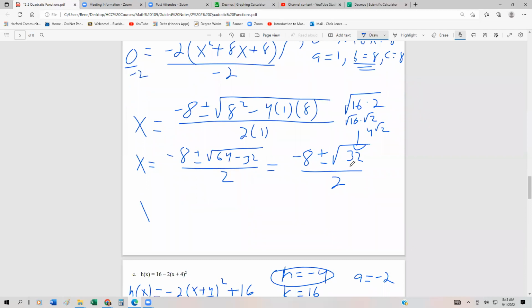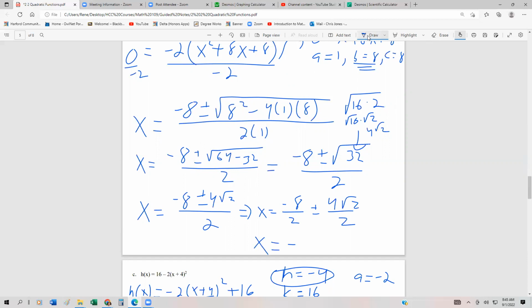And so x is going to be equal to -8 plus or minus 4 roots of 2, not 16 roots of 2, excuse me, divided by 2. And then we could break this up. That's going to be -8 over 2 plus or minus 4 roots of 2 over 2. And so finally, x is going to be equal to -4 plus or minus 2 roots of 2.